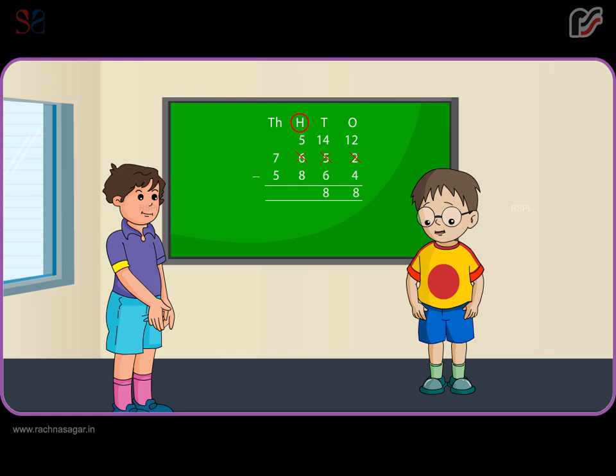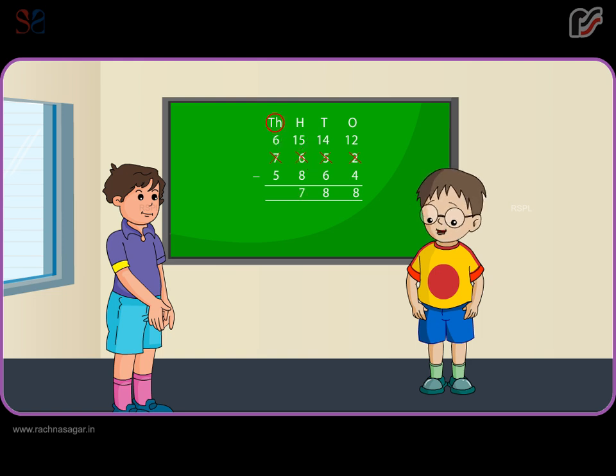Subtract the hundreds. We are left with 5 hundreds. We cannot subtract 8 hundreds from 5 hundreds. So, borrow 1,000. 1,000 plus 5 hundreds is equal to 15 hundreds. 15 minus 8 is equal to 7 hundreds. Write 7 under hundreds column.